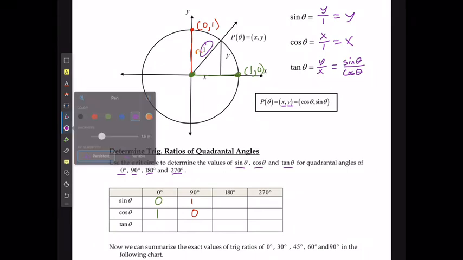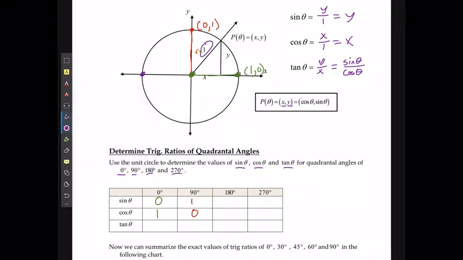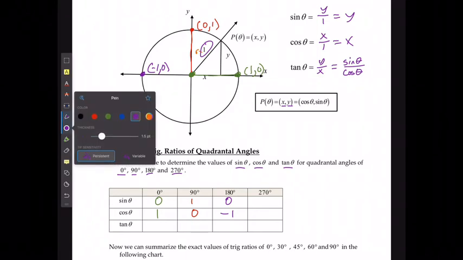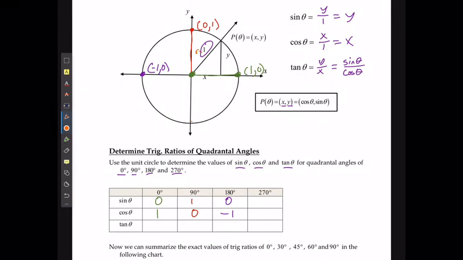At 180, I have the point of negative 1 and 0, so sine is 0 and cos is negative 1. And at 270 degrees, it's going to be 0 and negative 1, so sine is negative 1 and cos is 0.